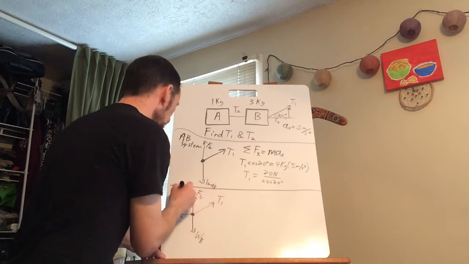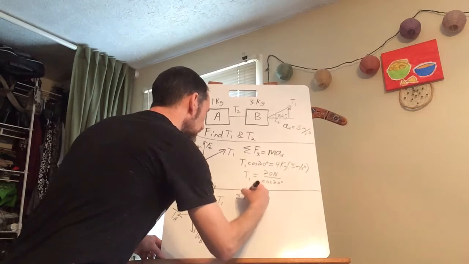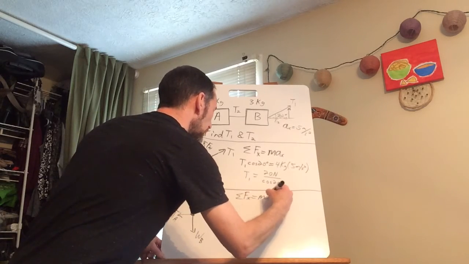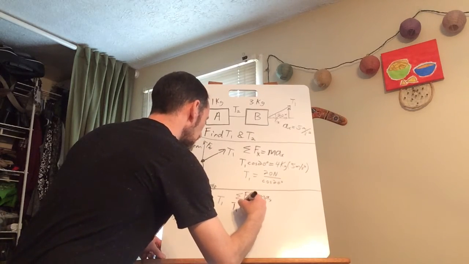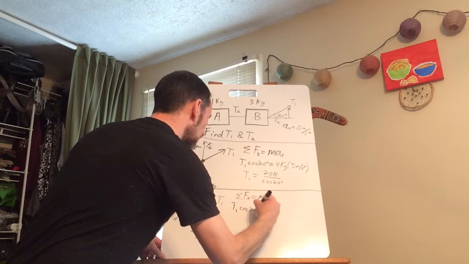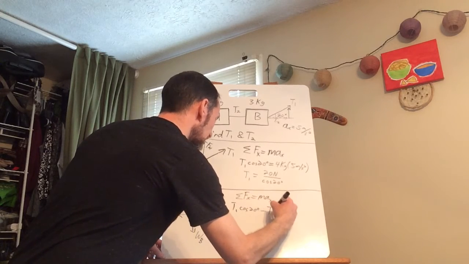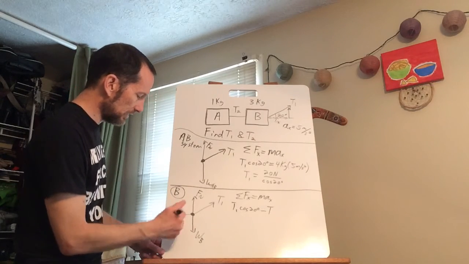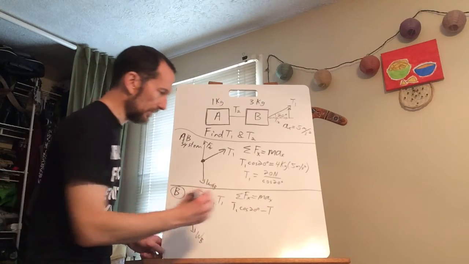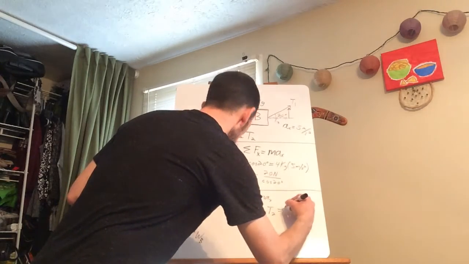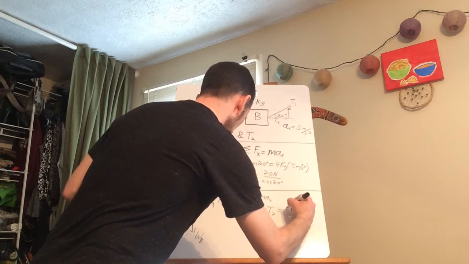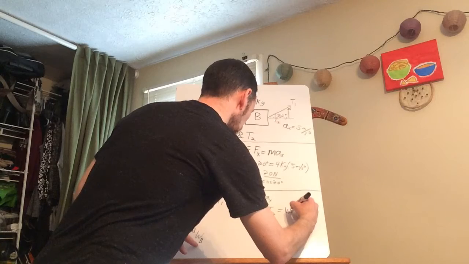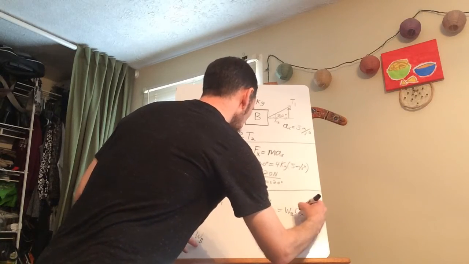All right, so for B, we can sum the forces in the x direction. So we can say T1 cosine 20 degrees minus T, that's not supposed to be TA, that's T2. Sorry about that. Minus T2 equals mass of B times a.